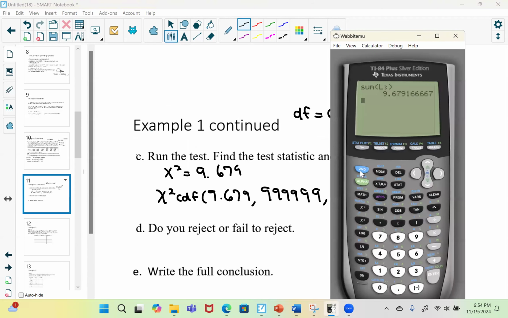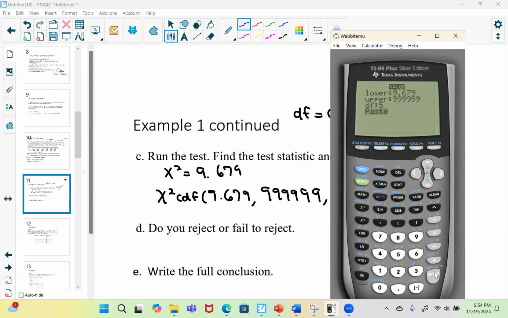You have to put that there, 5. So you're going to go to second distribution, where we went for the normal CDF, scroll down to the chi-squared CDF, put this chi-squared value as your lower bound, the 6 nines as your upper bound, and then the degrees of freedom, which is 5.